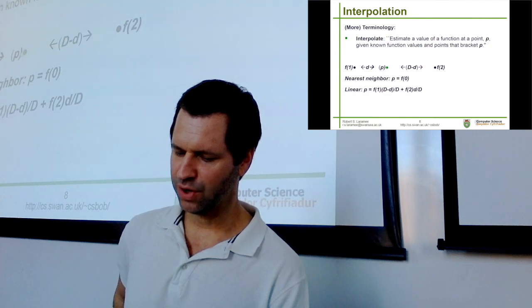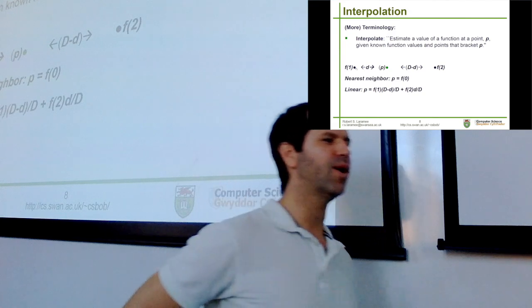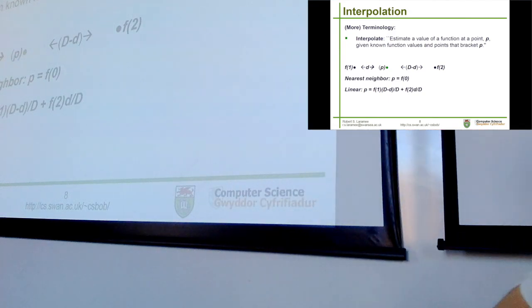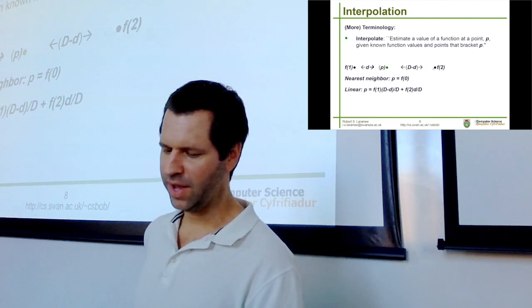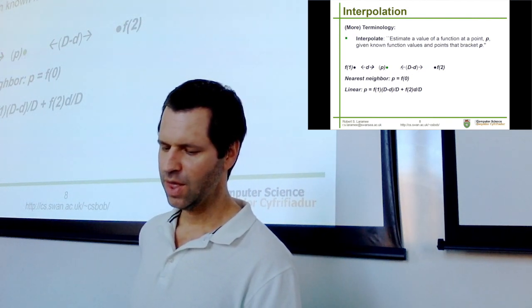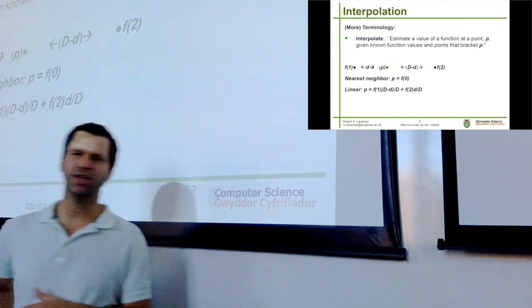So the closer P is to F1, the more influence F1 has on the final result. And vice versa, the further away F2 is from P, the less influence F2 has on P in terms of value.